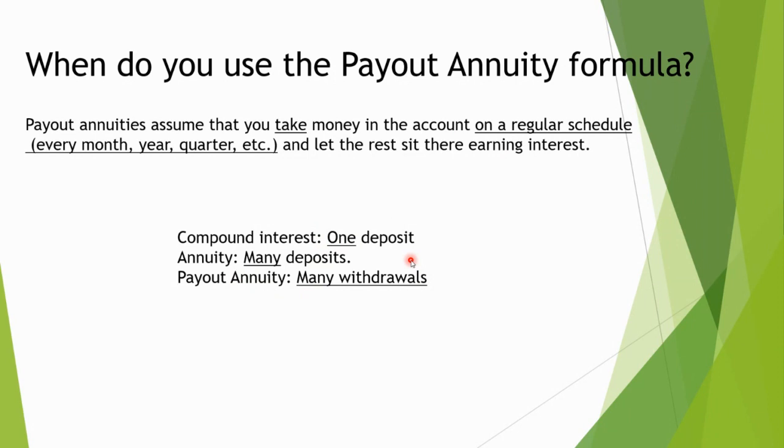I put this screen here mostly because it's in the book, but also because it helps us see when to use compound interest, annuity, and payout annuity, because the formulas are different. Since there's compound interest happening, we assume it's compounded as often as we're making payments or withdrawals.